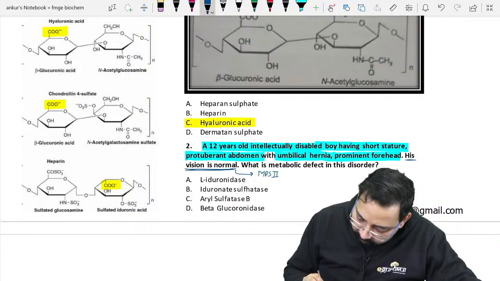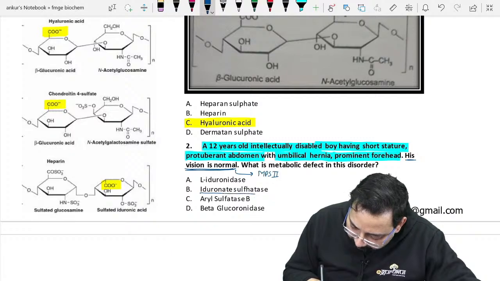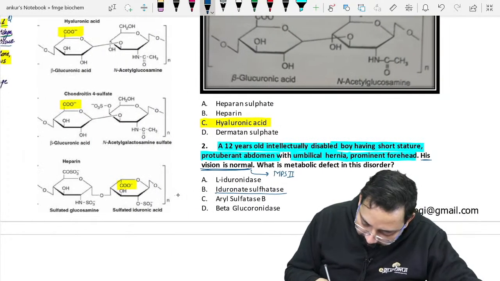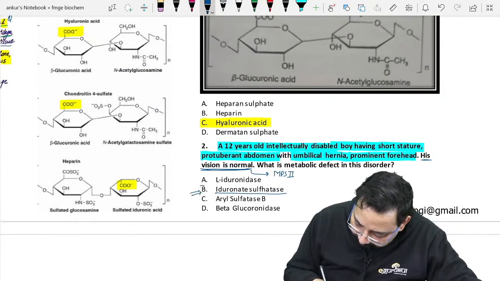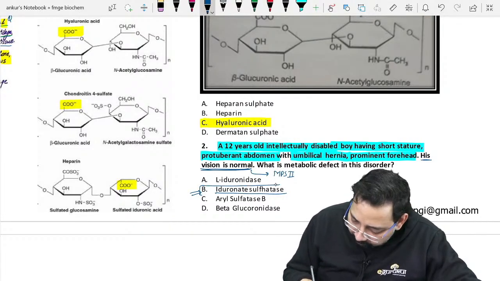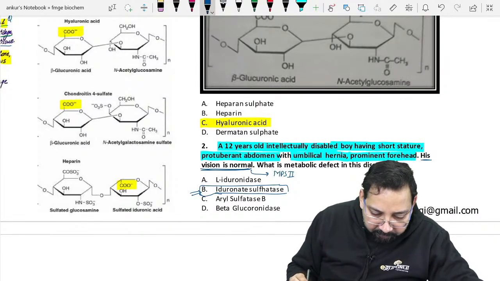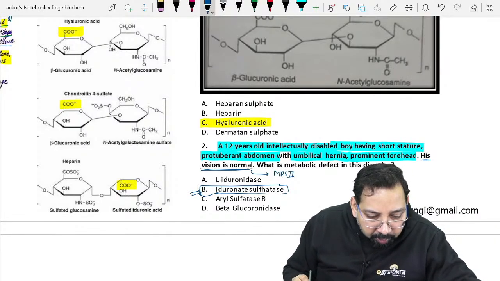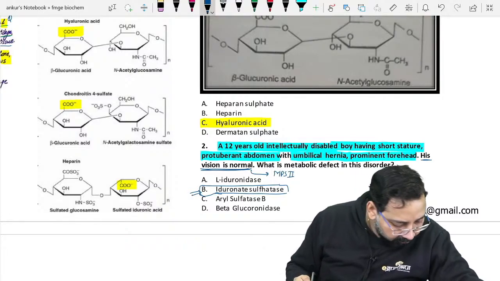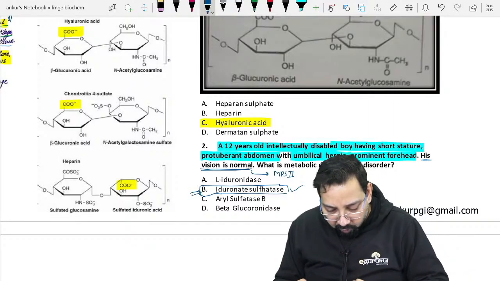Yes, iduronate sulfatase, good. So iduronate sulfatase, vision is normal.